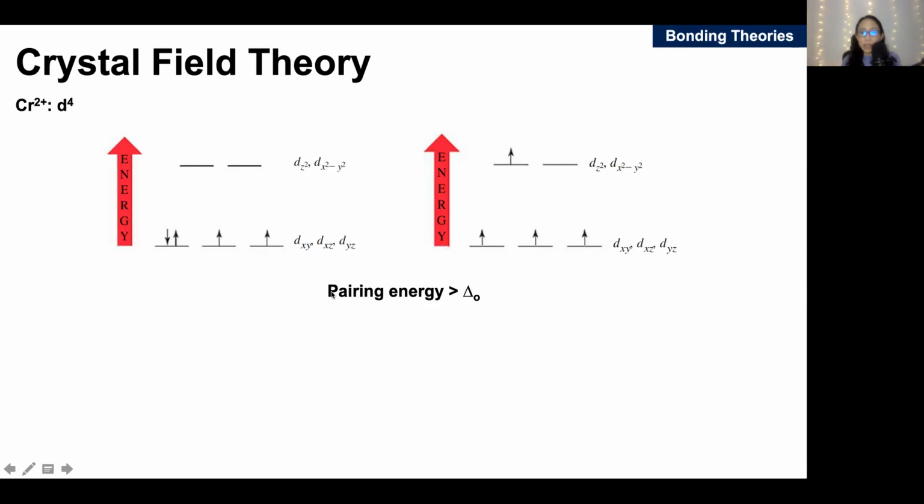So in this case, if the pairing energy is greater than your crystal field splitting, then you will have this electron distribution in your chromium 2 ion.